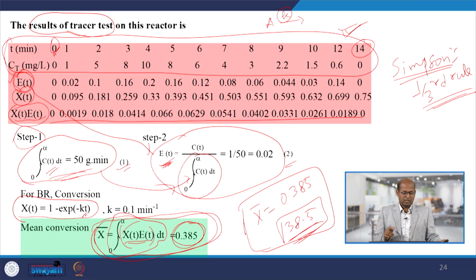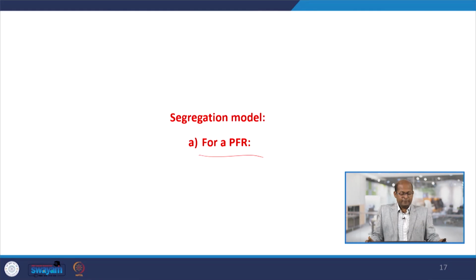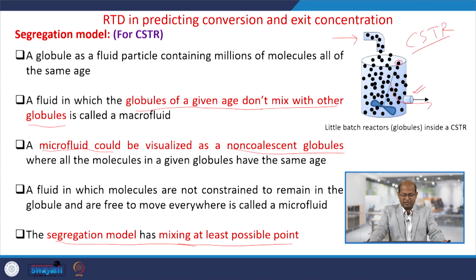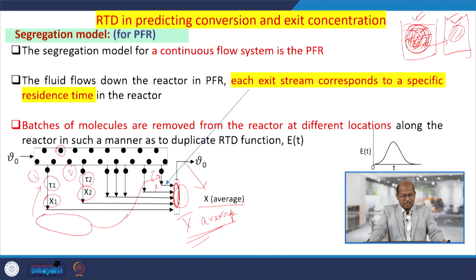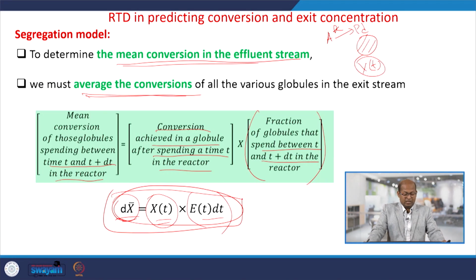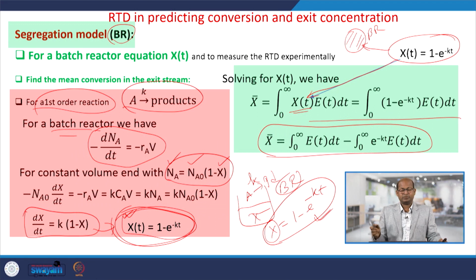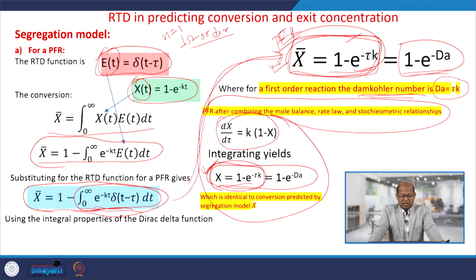So, this is the take home of what we have studied. First we discussed the different types of mixing and the different models available. Based on that we considered the segregation model, and we derived these equations. We developed the mean conversion and mean concentration equations and applied them to CSTR and plug flow reactors, and developed the final equations.